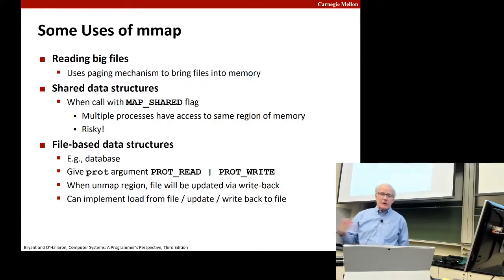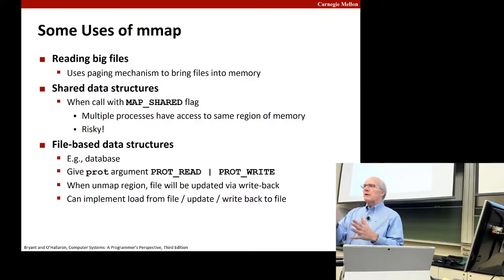It also is a way that you can, if you have a large data structure stored on a file, in other words, a database of some type, so it's a sort of long-lived collection of data, and you want to be able to yank it into memory, do some updates, push it back out, then mmap is the natural way to do that.